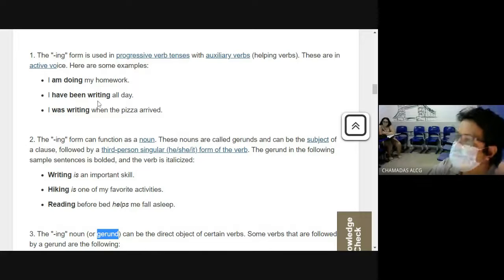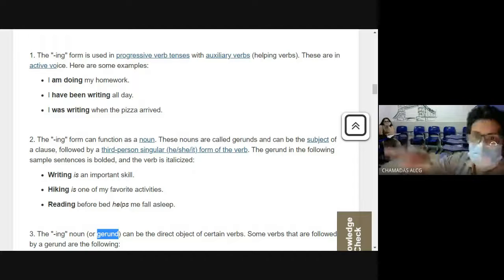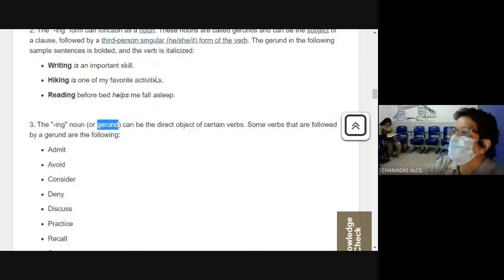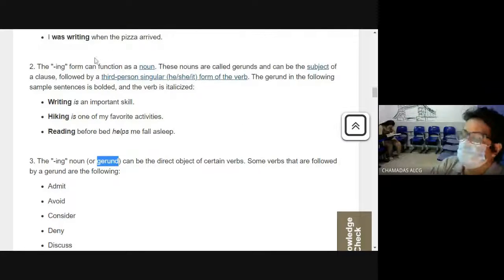Here, I have been writing all day. Present perfect continuous. In the past, I was writing when the pizza arrived. Past continuous. All right? So continuous is equivalent to our gerúndio. And now, what we are talking about here is verbs as a noun.